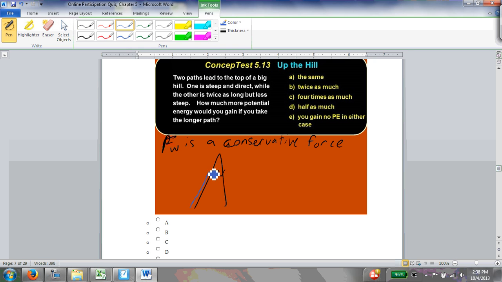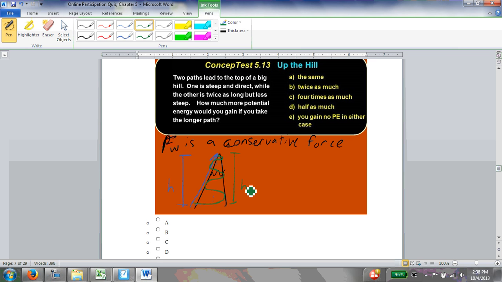I can go straight up, and I cover a height, h. Or I can take a more circuitous route. However, I'm still covering a height, h.